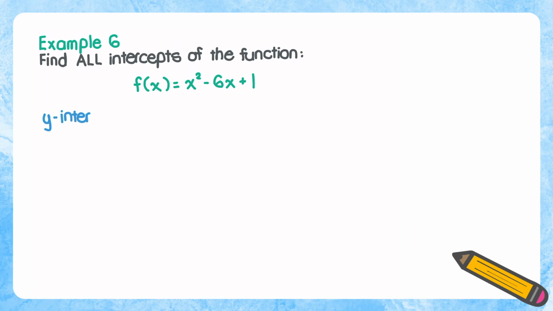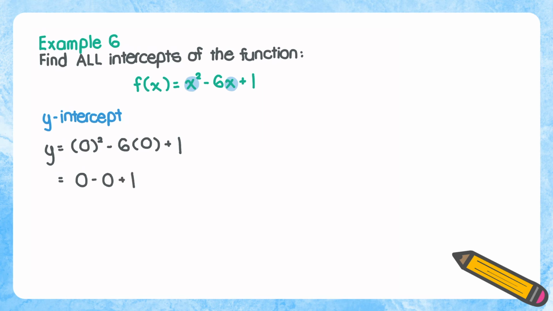So when does the function cross the y-axis? We'll find out by setting x equal to 0. So we have y equals 0 squared minus 6 times 0 plus 1. We're just going to simplify this.